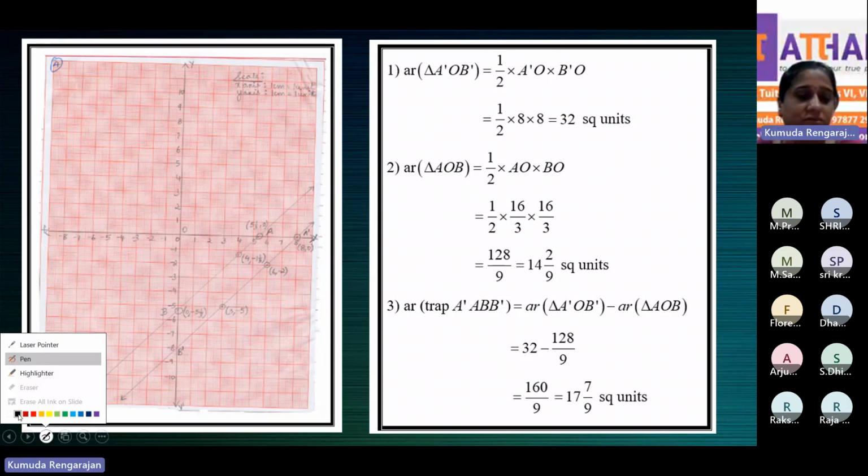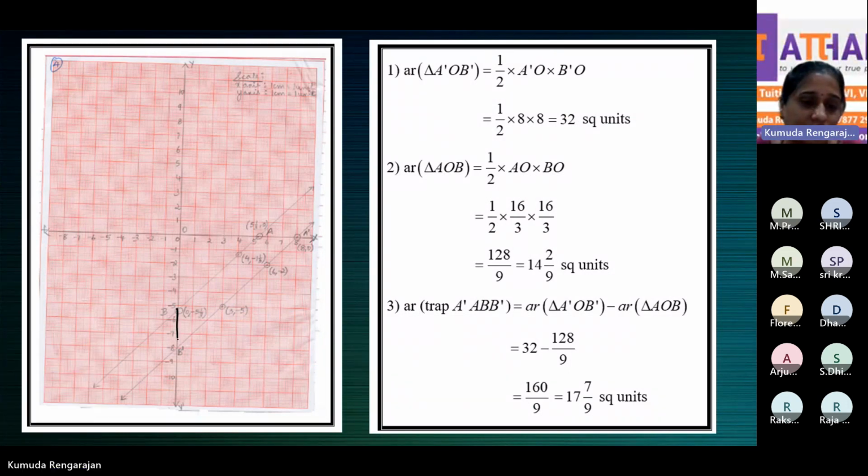So see here, this is the trapezium. These are the non-parallel sides of the trapezium, and these are the parallel sides of the trapezium. The lines are parallel, no?